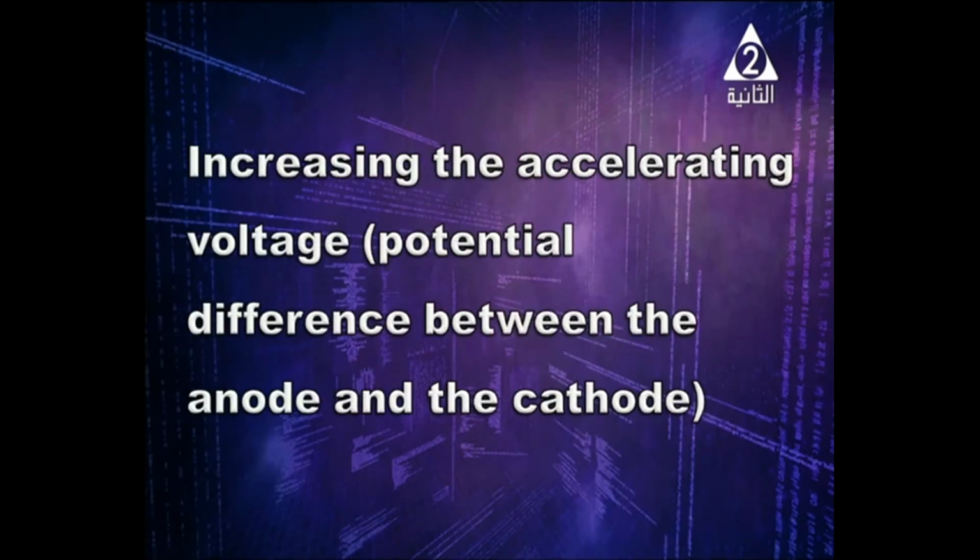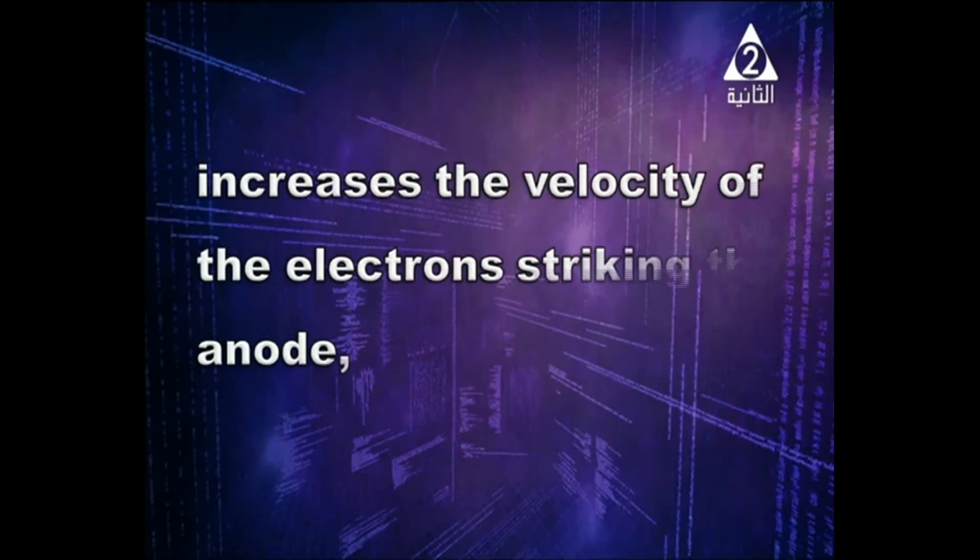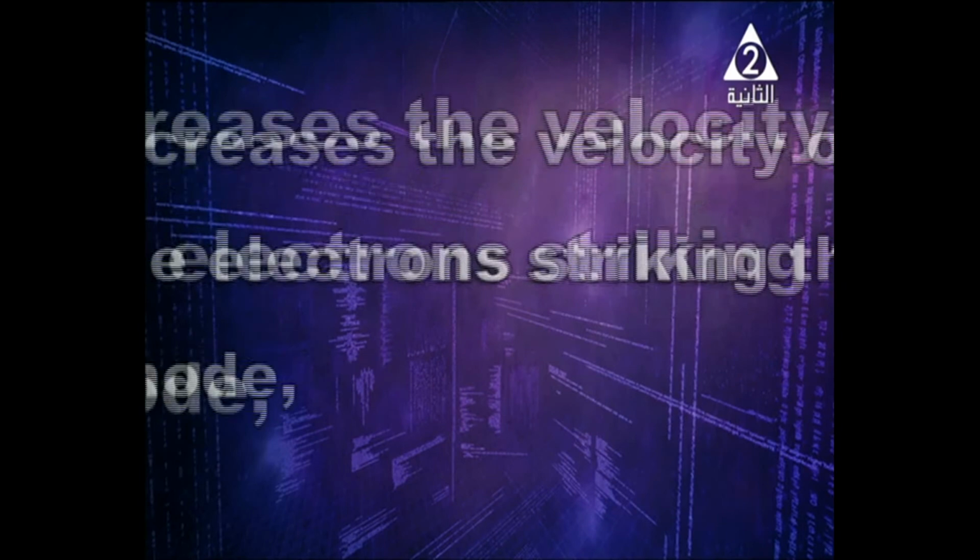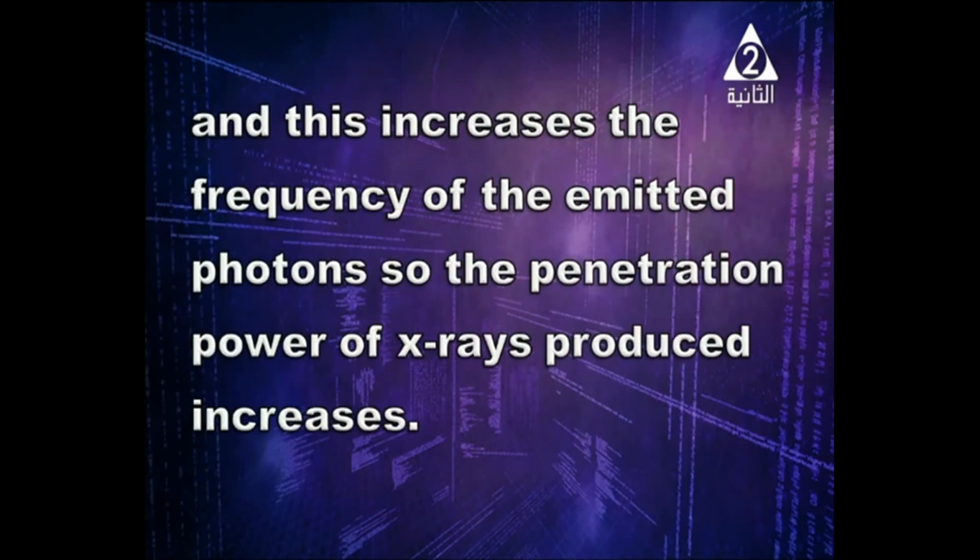For example, increasing the accelerating voltage, increasing the potential difference between the anode and the cathode, increases the velocity of the electrons striking the anode. We call them bombarding electrons. And this increases the frequency of the photons of X-rays emitted. So the penetration power of X-rays produced increases.